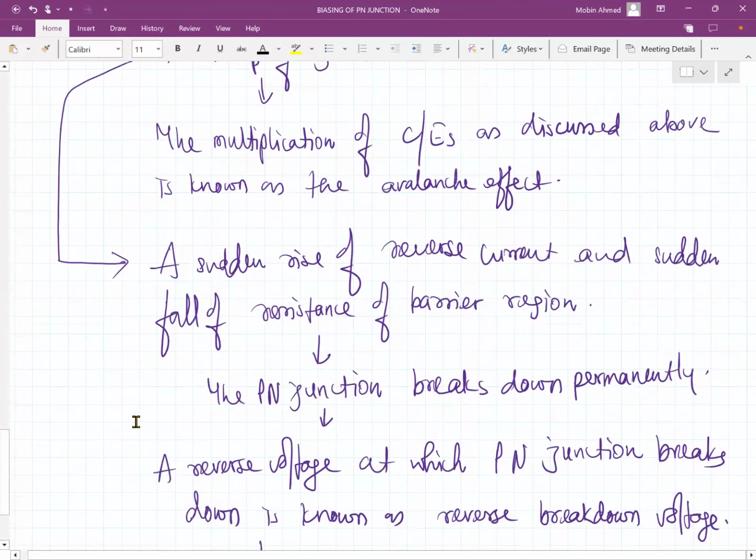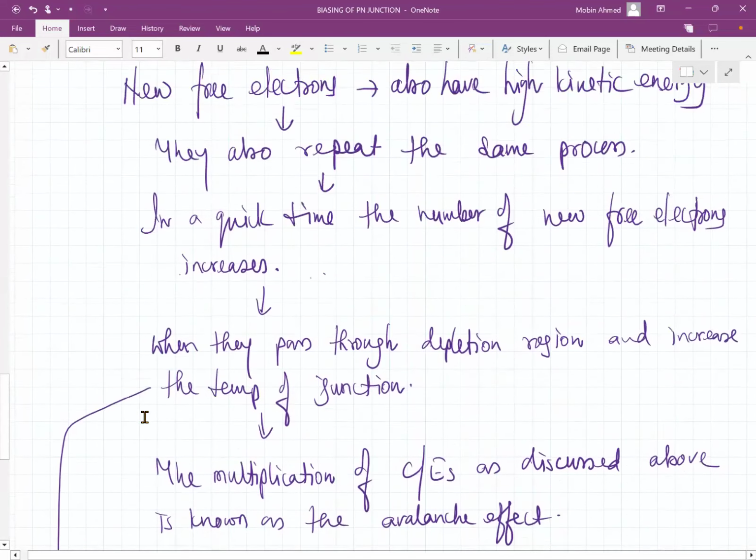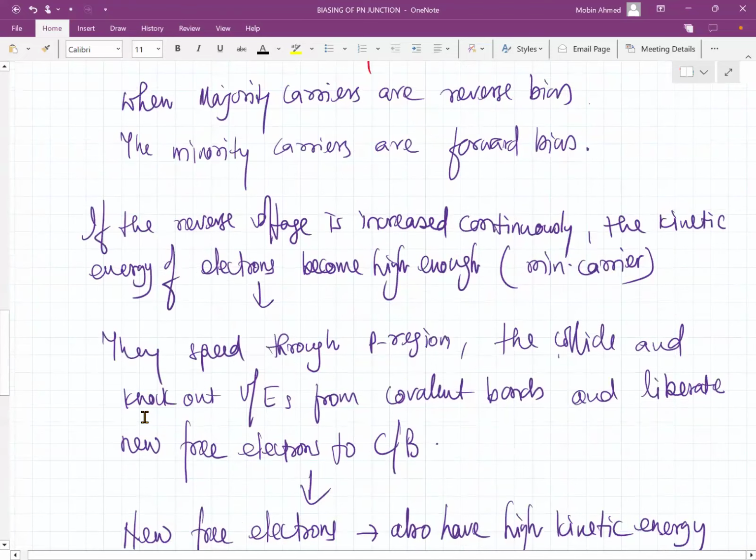That means your diode has been damaged. It is completely damaged.